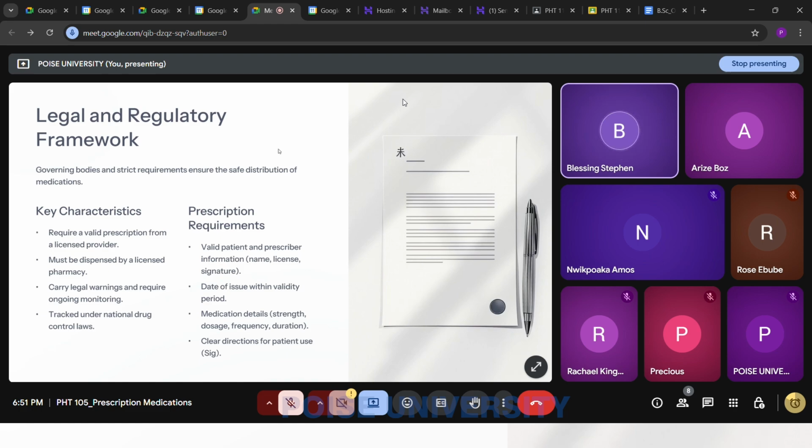In some instances, we want to control access. Nobody should have access to it. And we want patients to have trust in the practice of pharmacy and our processes. That anytime we give them drugs, these drugs are regulated, they are safe, and they are appropriate.